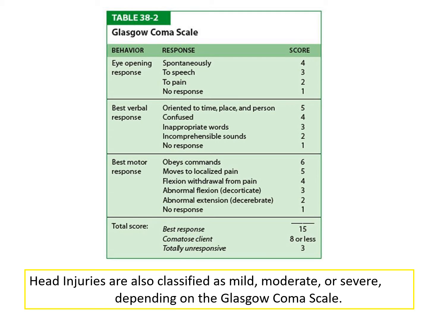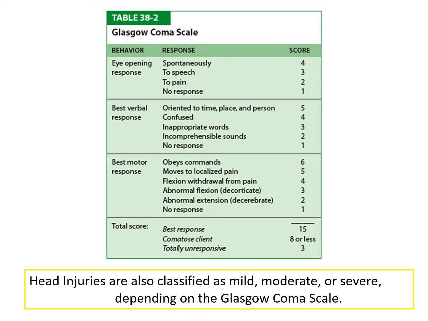They get a 1. So the minimum score is a 3, and of course 15 is normal. They're able to open their eyes spontaneously. They're oriented to time, place, and person, and they obey commands. So there's no problem if a person scores 15.